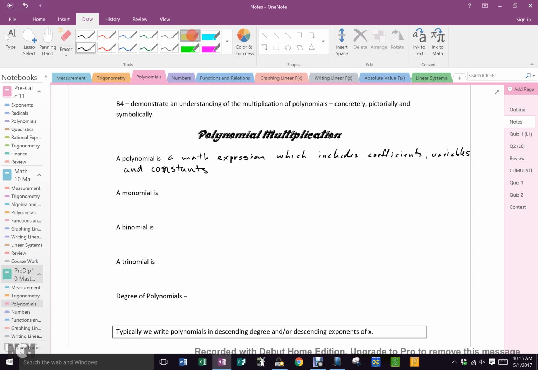Okay, I'm going to highlight those three things with different colors because I'm going to come back to that in a minute. What it doesn't contain: no radicals. If there's a radical, you do not have a polynomial.